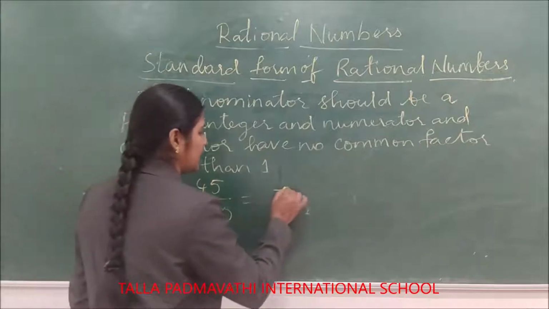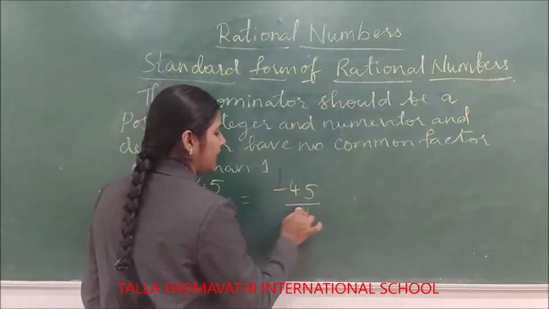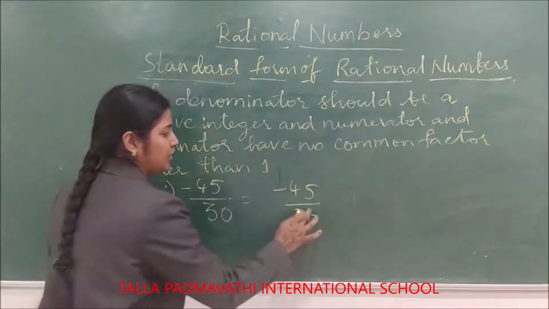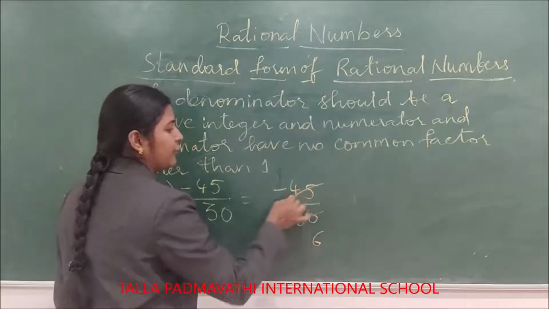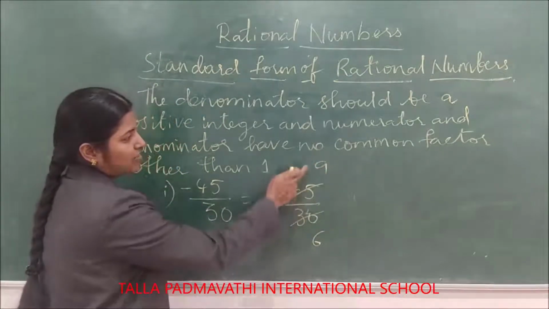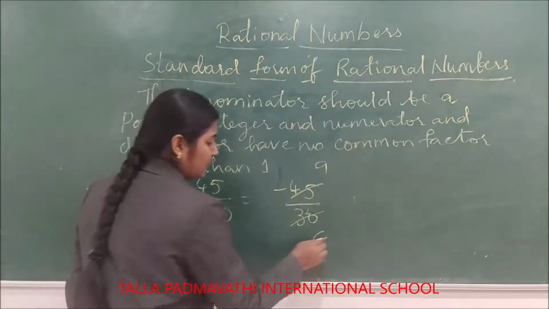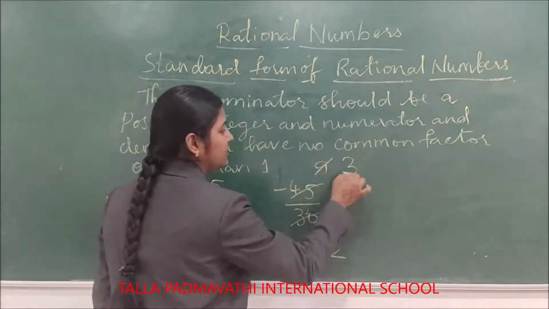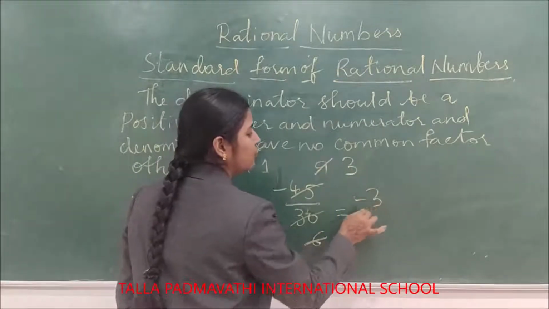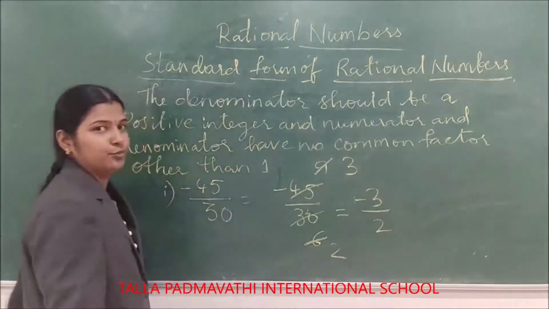As we know that they are divisible by 5, 5 sixes are 30, 5 nines are 45, and both 9 and 6 are divisible by 3. So 3 twos are 6, 3 threes are 9. Now if you observe, you got minus 3 by 2.